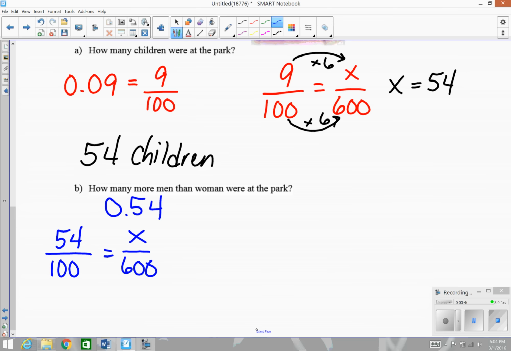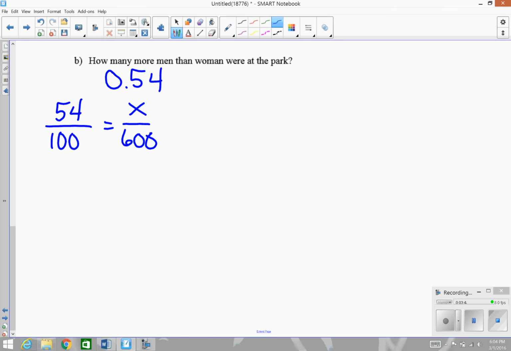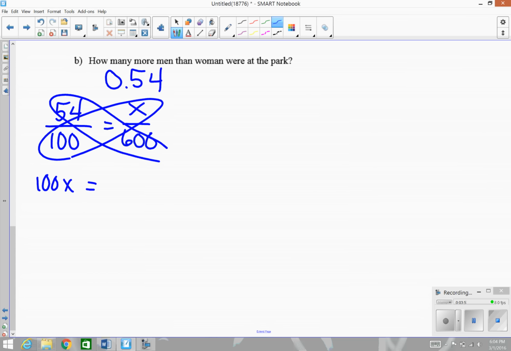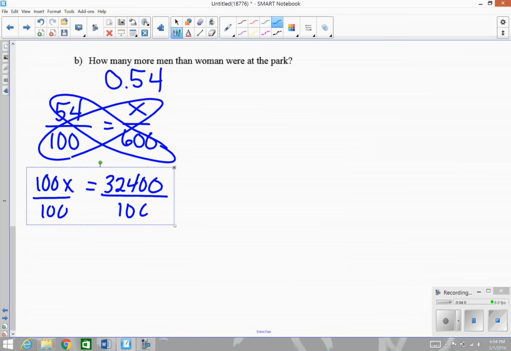When we cross multiply, 100x equals 54 times 600. Divide both sides by 100. X should equal 324 men.